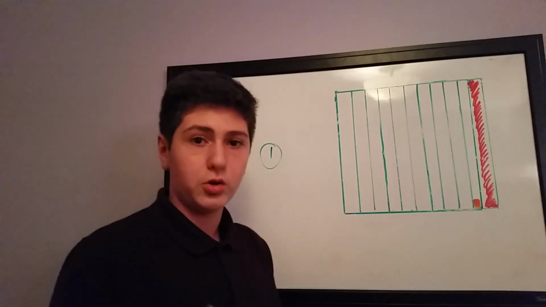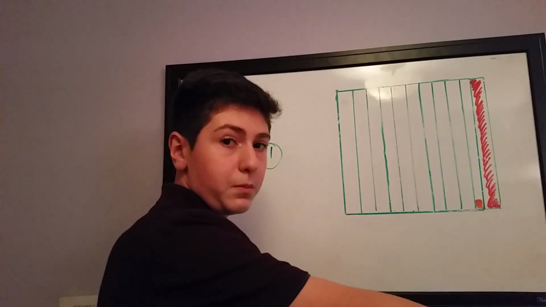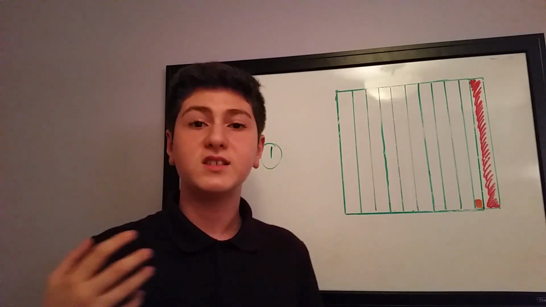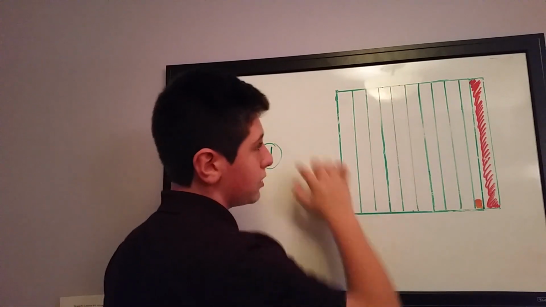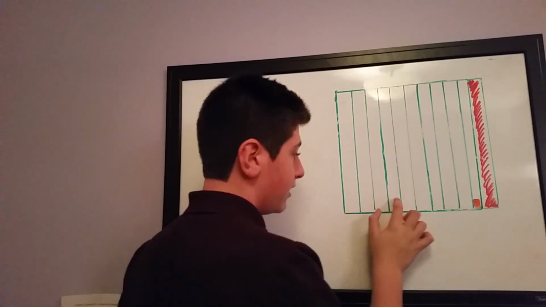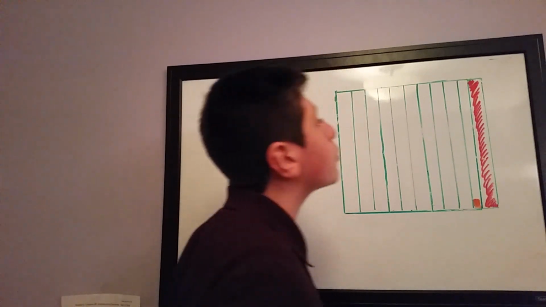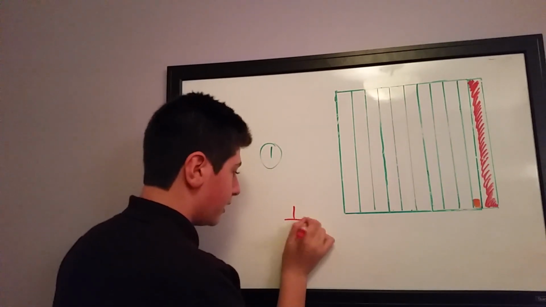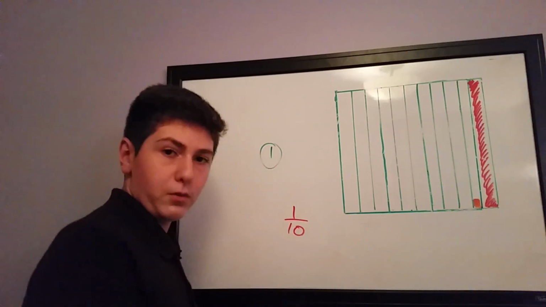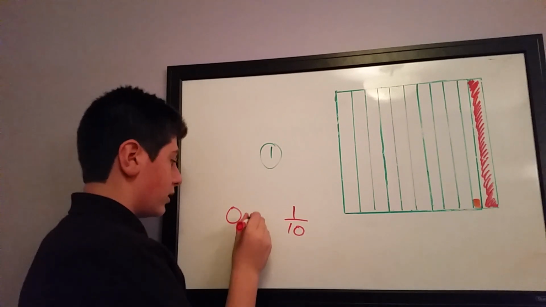As we learned earlier in this video, as we progress deeper into the decimal place value, everything divides by 10. So, this whole over here divides into 10 different parts. This red rectangle over there counts as 1/10 in fraction form. In decimal form, it would be 0.1.